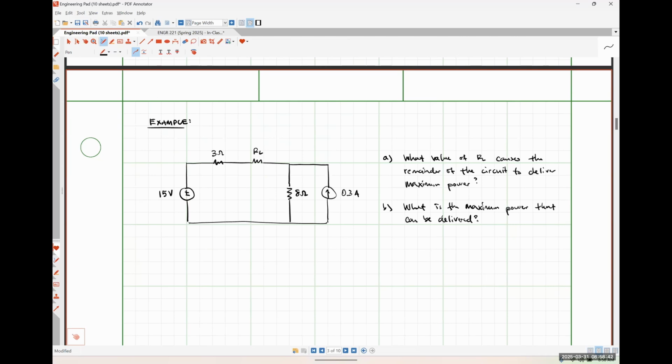So if you were posed a question like this, or better, when you are posed a question like this in your homework, your ICA, your exams, etc., effectively what I am asking you to do is to figure out, without changing RL at all, how to reduce the remainder of the circuit down into either a practical voltage source representation or a practical current source representation.